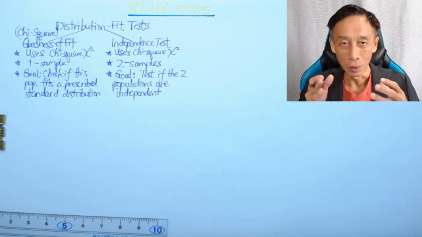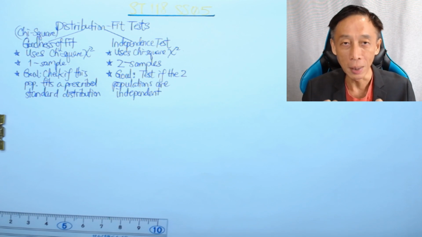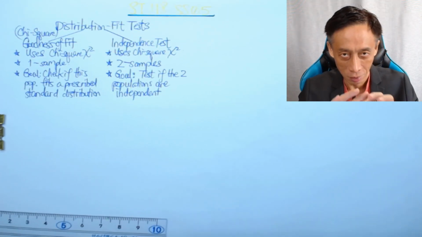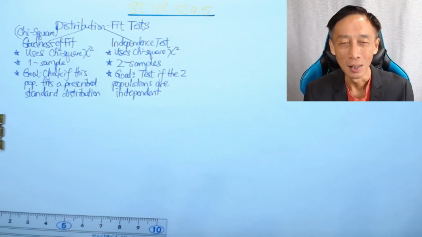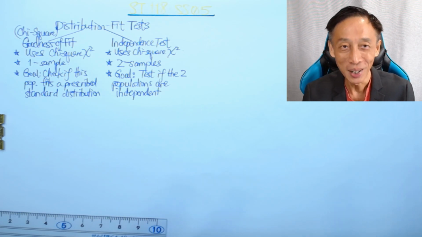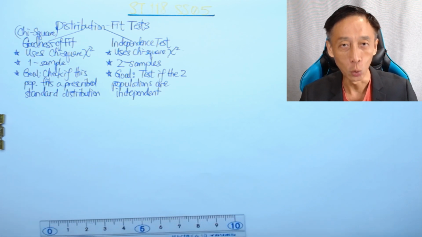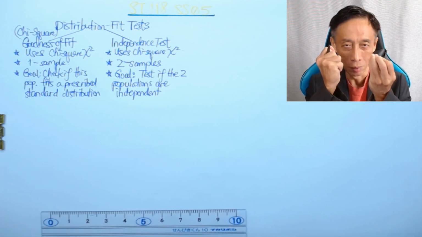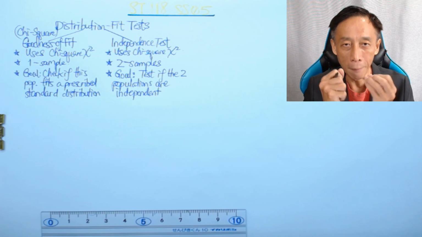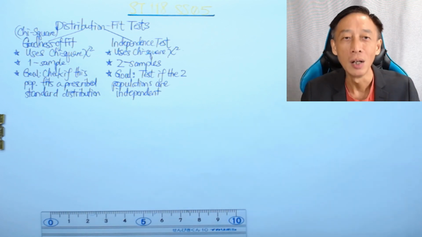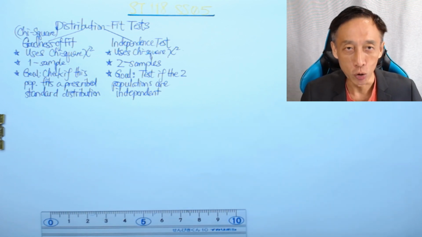Assuming the two populations are independent, it will induce an independence distribution, which would then allow us to do calculations. So we ask: are these two populations matching the induced independence distribution's shape?